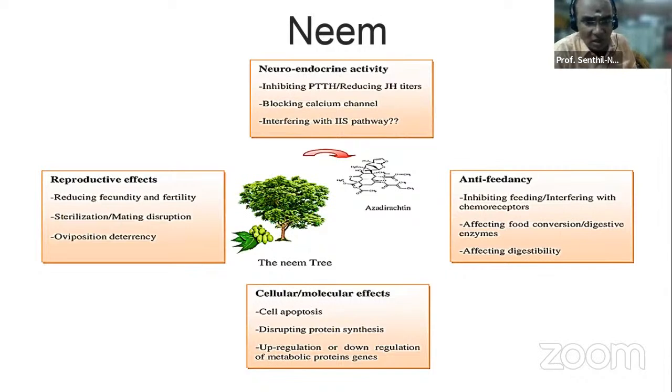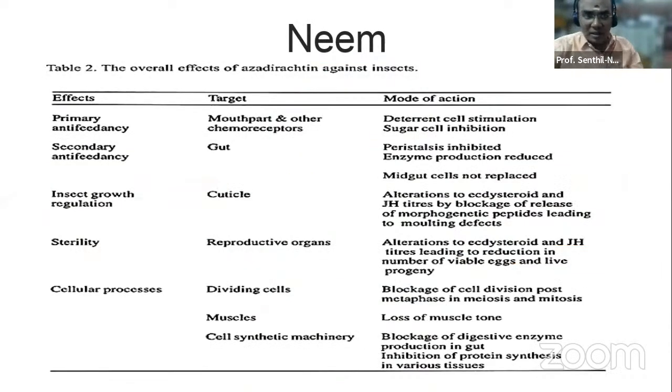Cellular apoptosis, disturbed protein synthesis, and upregulation and downregulation of metabolic protein genes. So here is the overall effect of azadirachtin against the insect: primary antifeedance, secondary antifeedance, insect growth regulation known as IGR, sterility, and cellular processes.